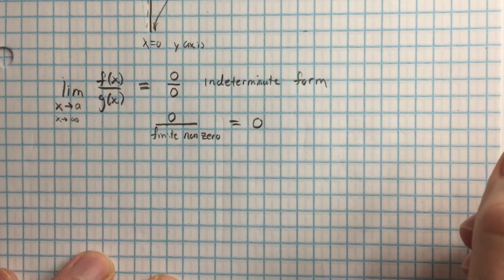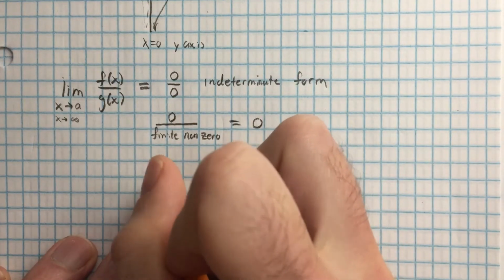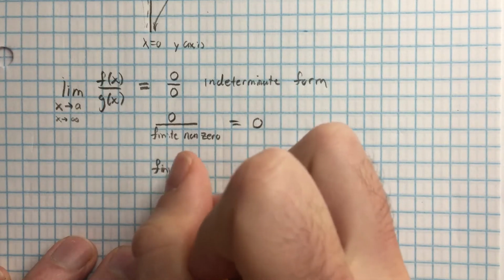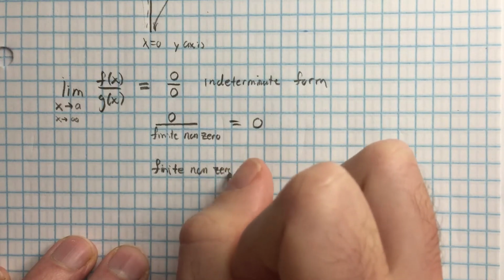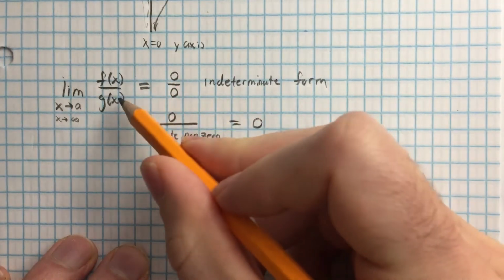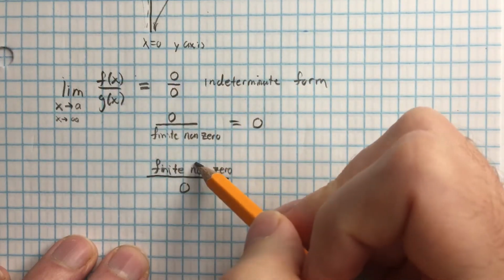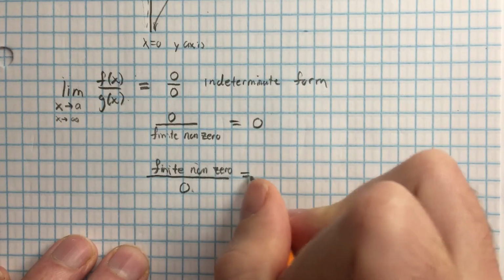Right? And if it had been finite non-zero over 0, that's what we saw f and g were approaching. If f was approaching a finite non-zero value and g was approaching a 0 value, we would know it was some sort of infinity.